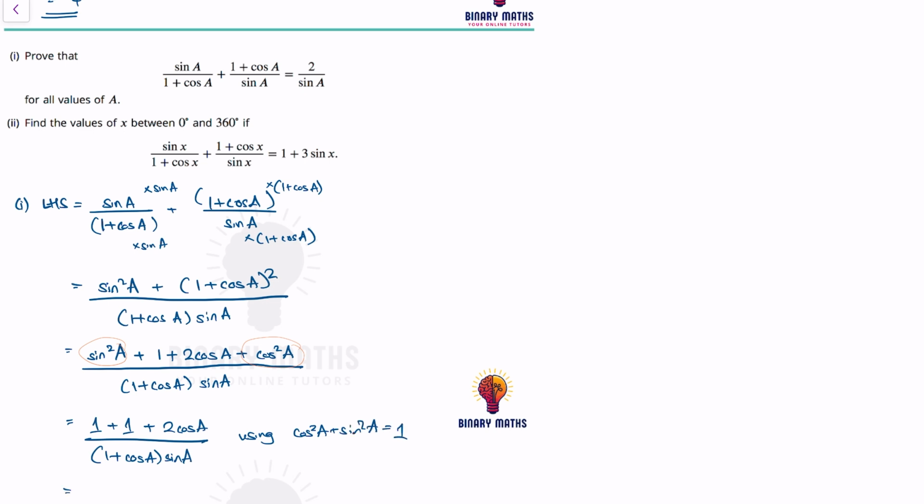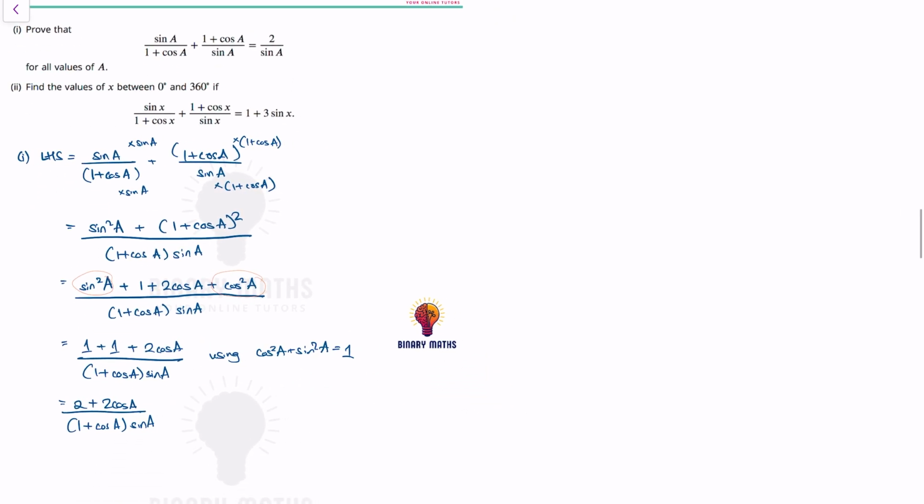Which is the same thing as 2 plus 2 cos A all over 1 plus cos A times sine A. The numerator can be factorized into 2 times bracket 1 plus cos A, all over 1 plus cos A times sine A. So the 1 plus cos A in the numerator and the denominator cancel out, and I end up with 2 over sine A, which is equal to the right-hand side. So that's part 1 done.